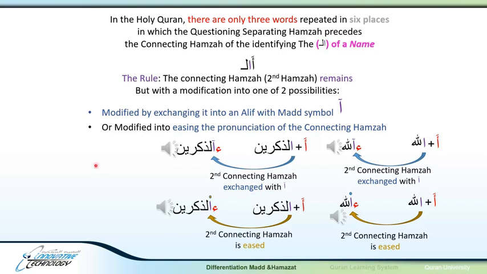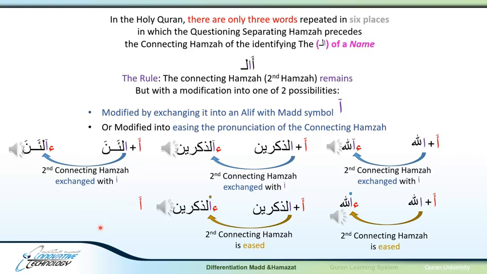al-dhakarain. The third word is a plus al-ana. The questioning separating hamza with al-tarif starting with the connecting hamza, al-ana. This third word can either be pronounced with mad, where the second connecting hamza is exchanged with an alif with mad as we listen. الآن.